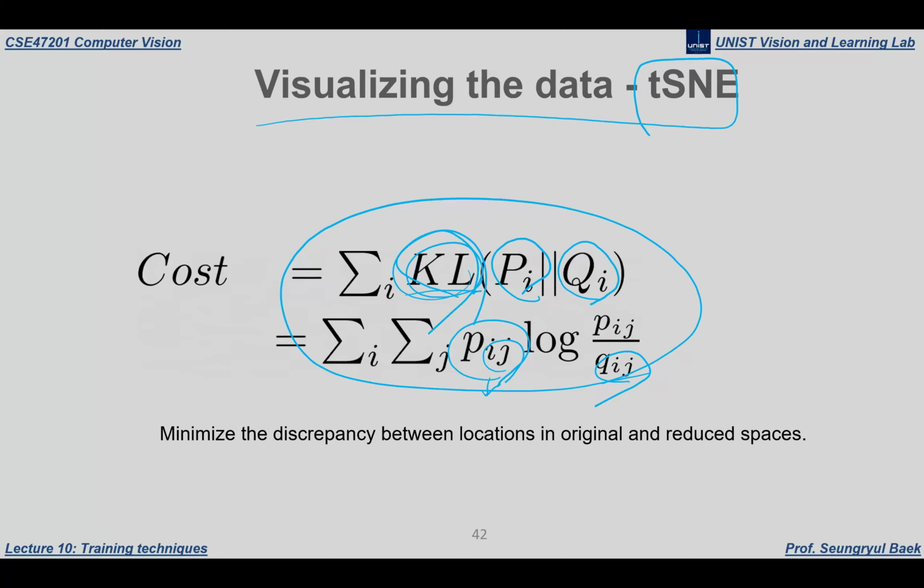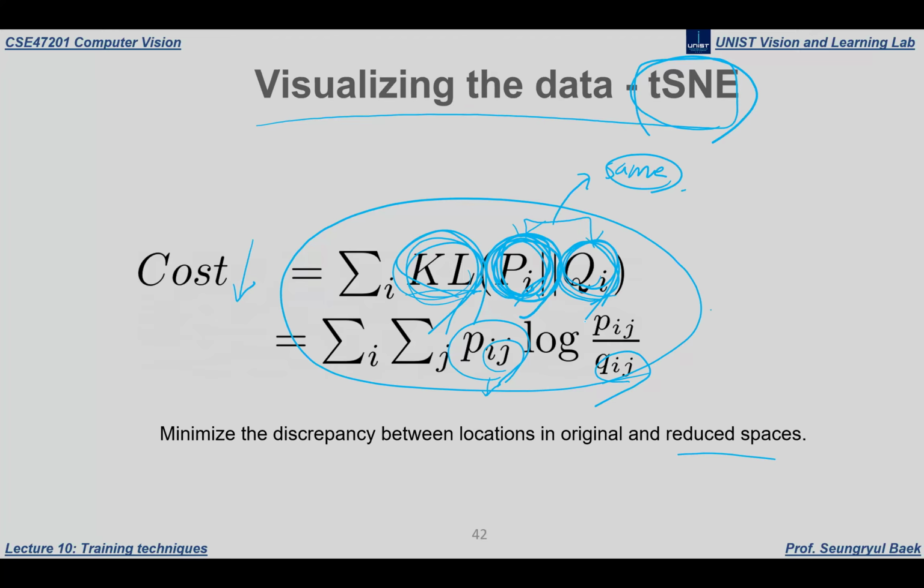By minimizing the KL divergence between these two distributions, we can make them similar or the same. So t-SNE enforces retaining the similarity of the original high dimensional space in the new reduced space.